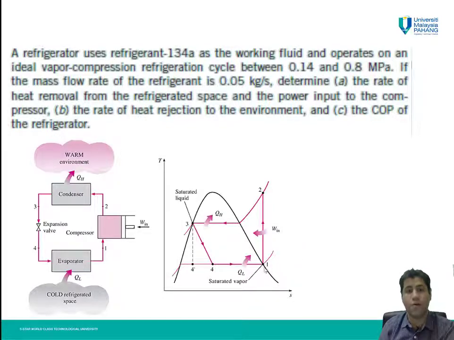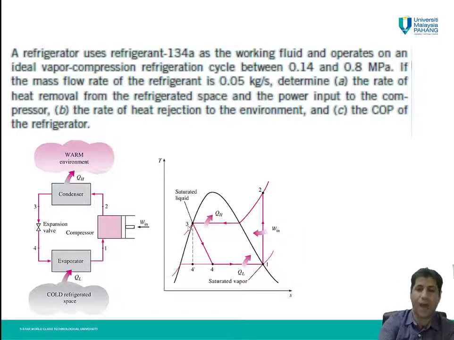And also we know that in state 1, which is the entrance of the compressor, we have saturated vapor. And also in state 3, which is the entrance of expansion valve, or the exit of the condenser, we have saturated liquid.